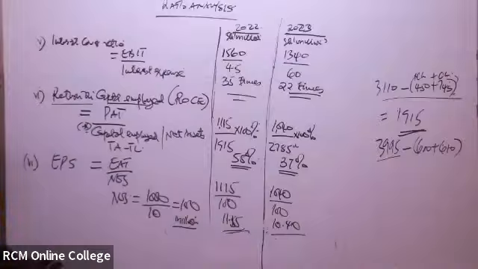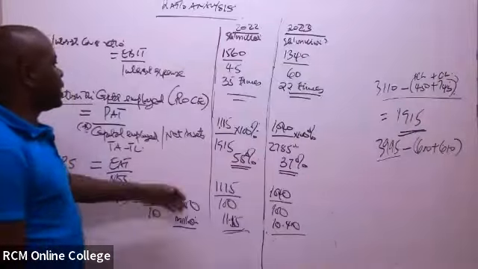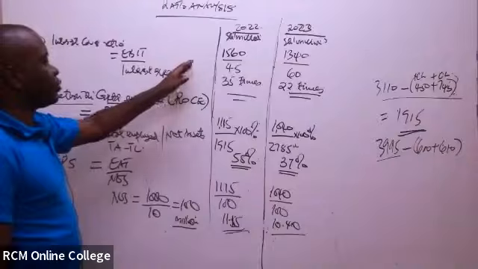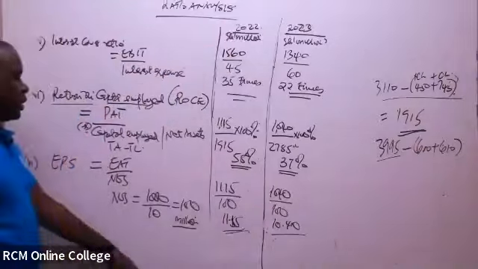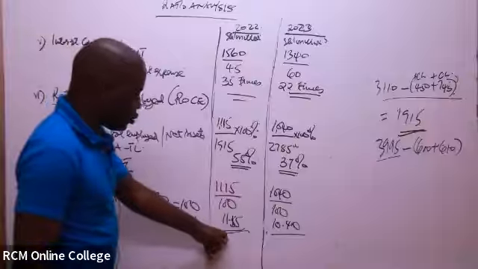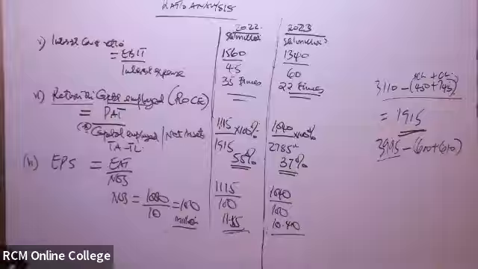Sometimes they can call upon you to comment on the ratios. So always do the comparison and see what is happening. For example, maybe here they were able to cover the interest, so they are performing better compared to the year 2023. Here the earnings were very strong for the ordinary shareholders compared to 2023.